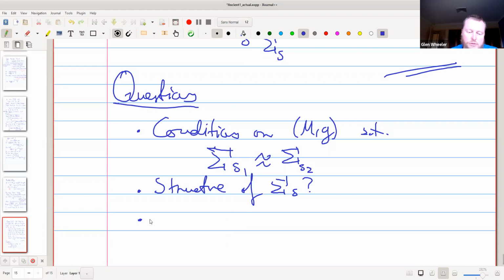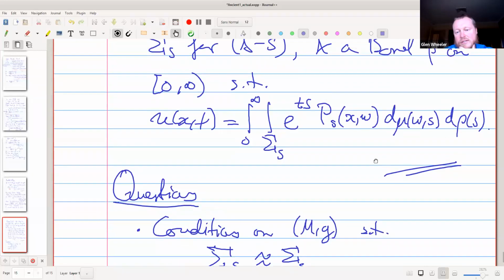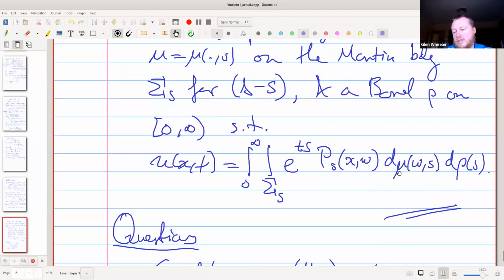So anyway, I'm not sure. And yeah, what is p_s? I don't know. It's not an exponential, I guess, but some sort of, I mean, yeah, I don't know. Is there a perturbative result? Is there some sort of way to pin down and to get more information out of this formula, which at the moment, at least to me, seems pretty opaque.